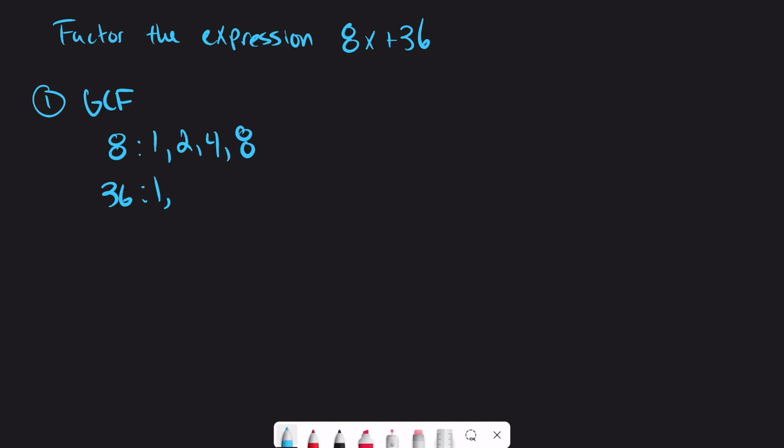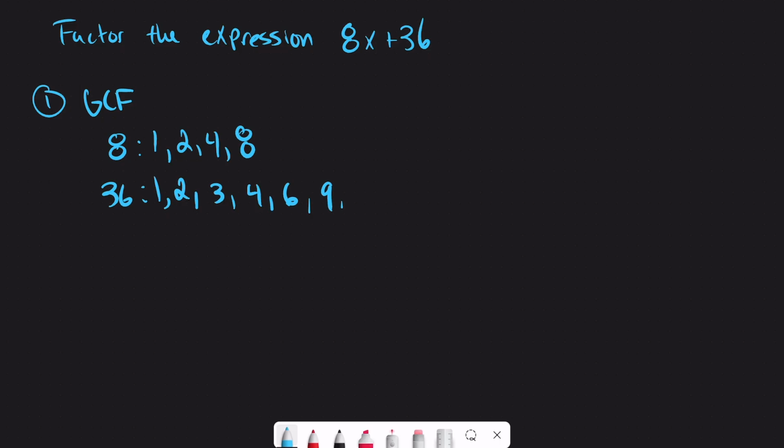So let's take a look at 36. It could be divided by 2. Can it be divided by 3? Yes, it can with 12. Can it be divided by 4? Yes, it can with 9. So 4 is written down. 5, no. 6, it could. 7, no. 8, no, not with 8. With 9, of course.